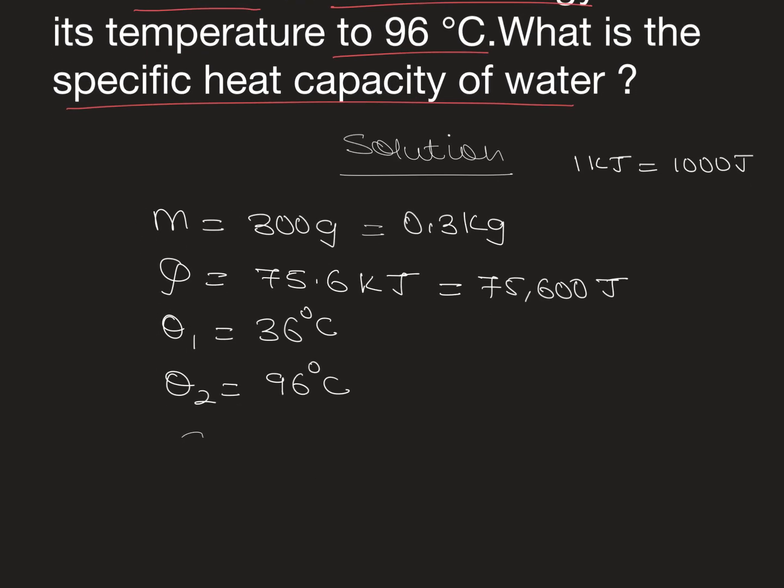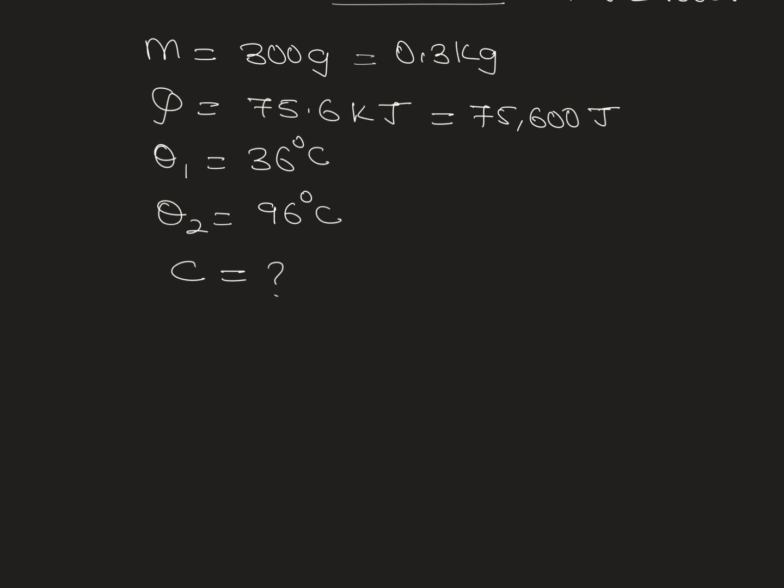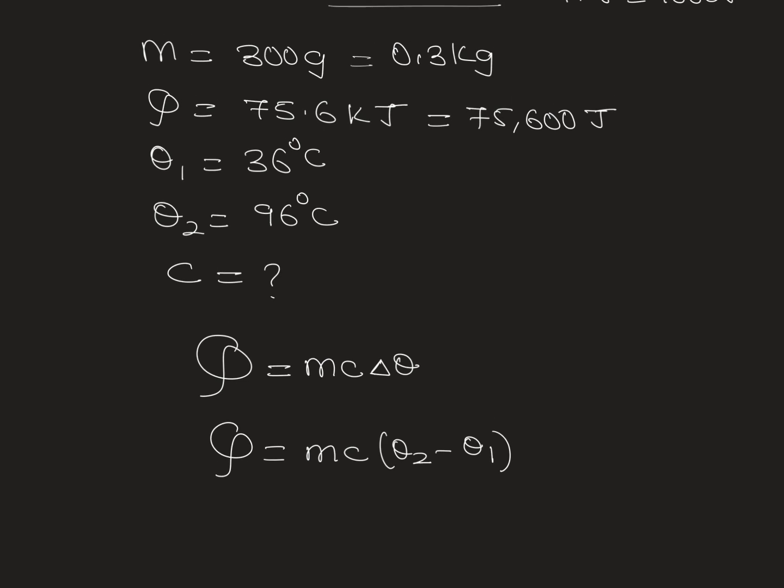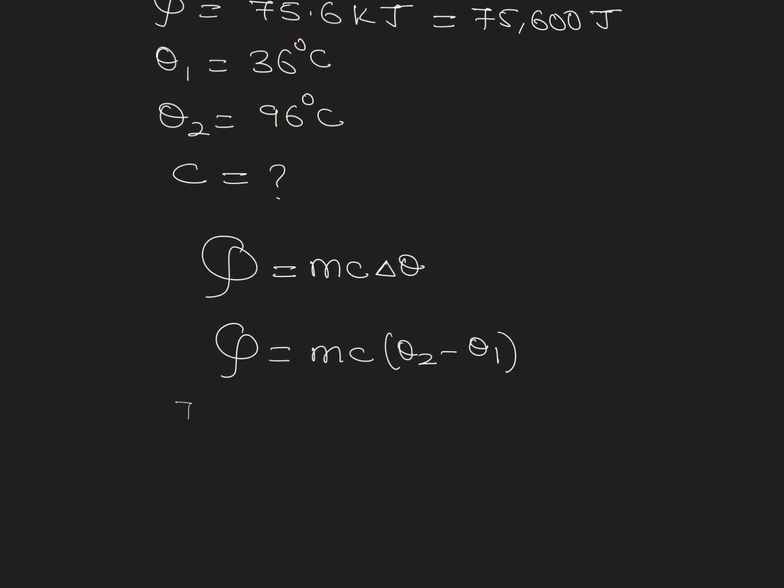We want to know the specific heat capacity of water. The formula we're going to use is that the quantity of heat is equal to mc delta theta, but we know that delta theta is going to be theta 2 minus theta 1. So by substituting the values that we have, Q is 75,600.